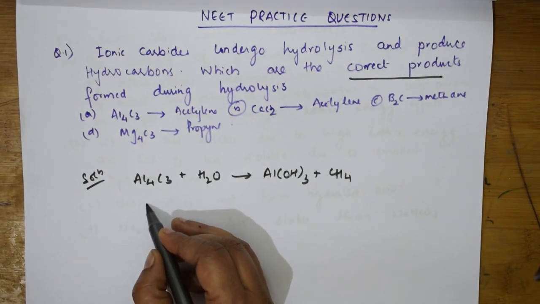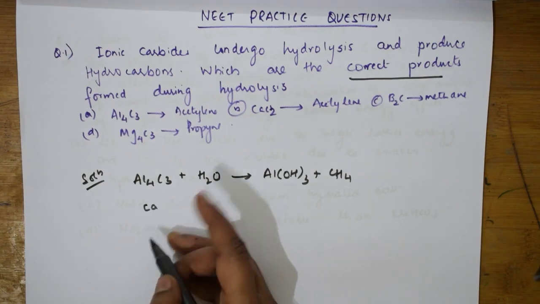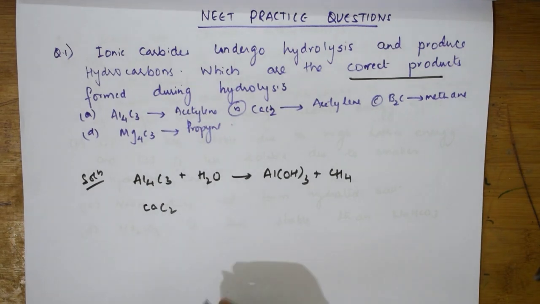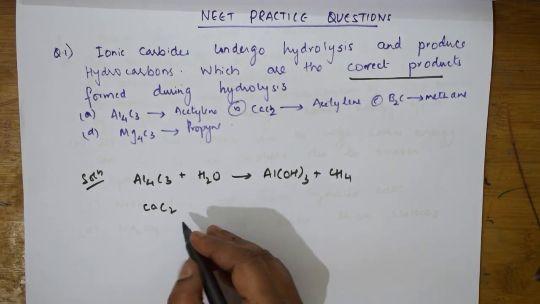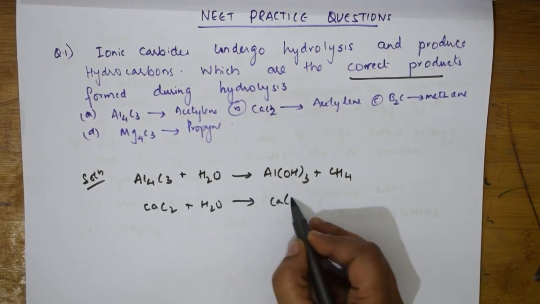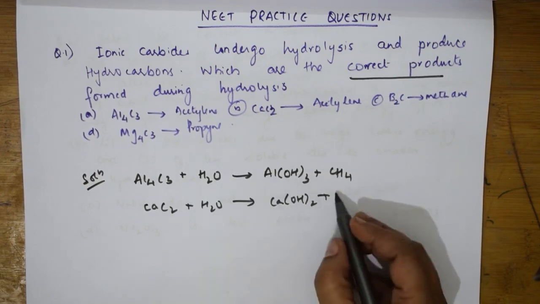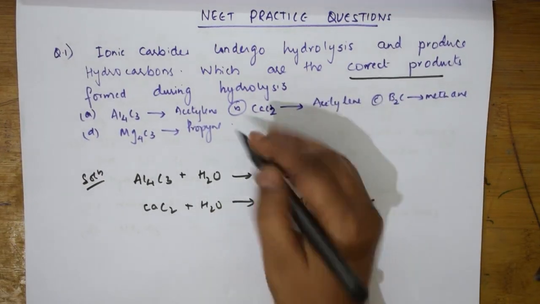In the second case, calcium carbide. Let me write it, CaC2. So calcium carbide when it combines with water, what do we get? Calcium hydroxide plus acetylene, C2H2. So this is a correct option.